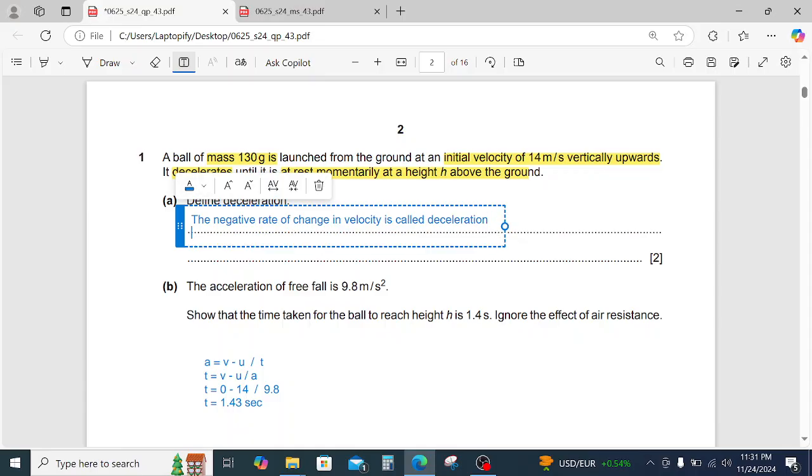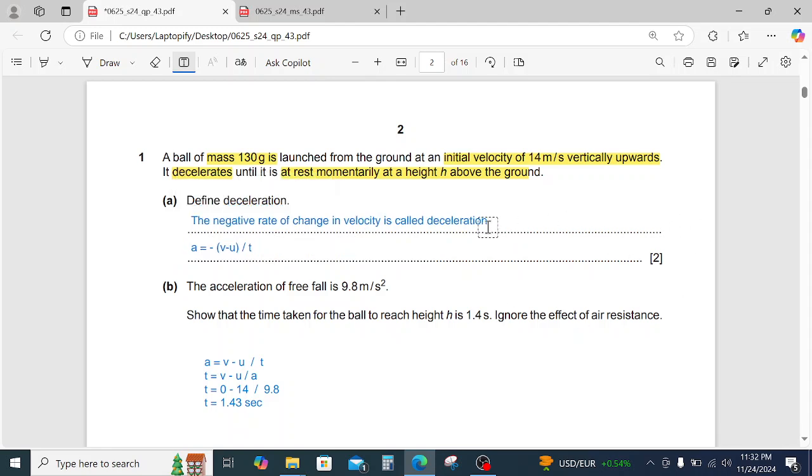So you can write the formula here. a is equal to negative final minus initial over time. Okay, this is your proper definition.